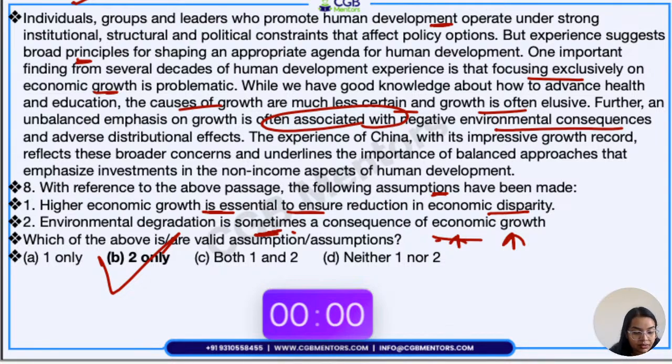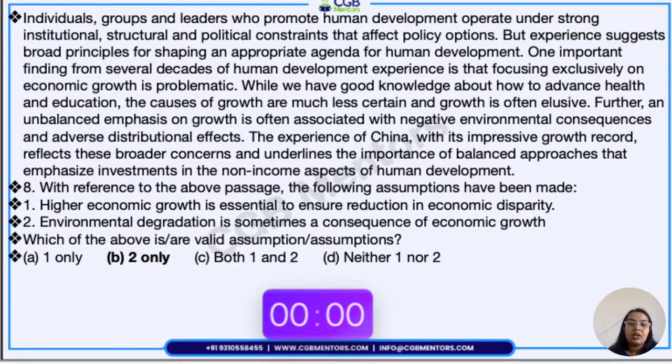Any doubt? Environmental degradation कैसे समझेंगे? Okay. You don't look first of all for exact match of a given word, है ना? हमको समझ के करने होते.